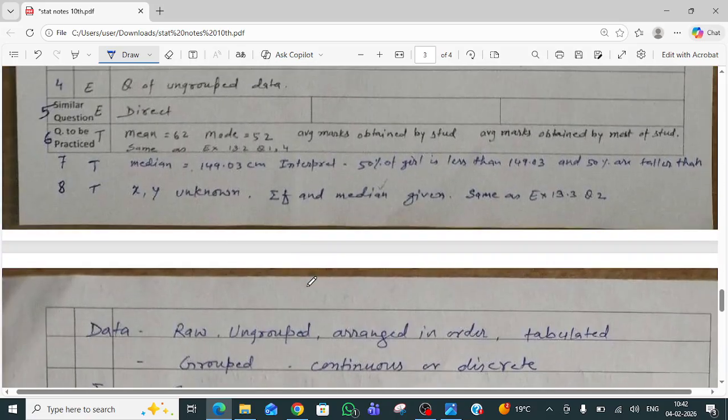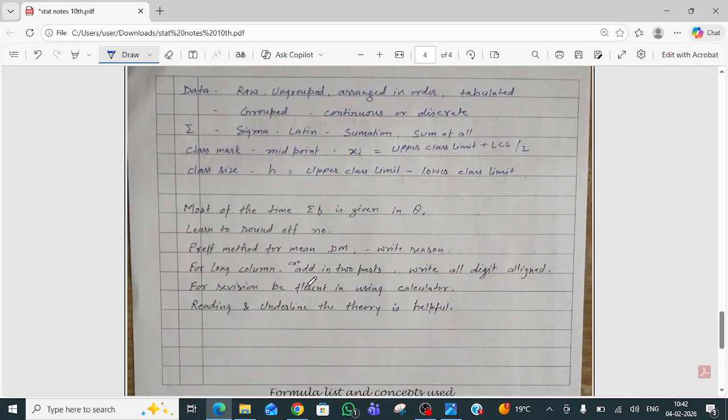The next topic is data. Data are raw data, like the marks obtained by five students are 7, 3, 9, 8, and find the mean and median. Data can be arranged in order, in tabulated form, or as group data.